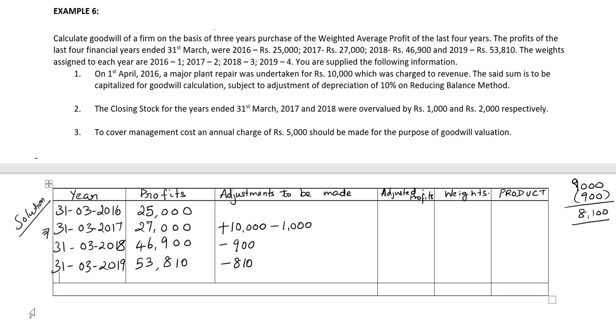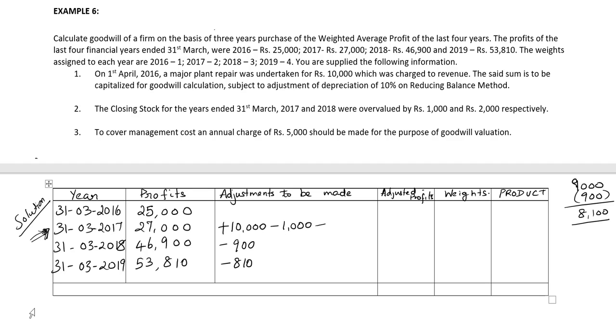The second point, the closing stocks for the year ended 31st March 2017 and 18 were overvalued by 1,000 and 2,000 rupees respectively. We'll begin with 31st March 2017. So again, it's affecting this year of 31st March 2017. When the closing stock is overvalued, it will go to increase the profits.